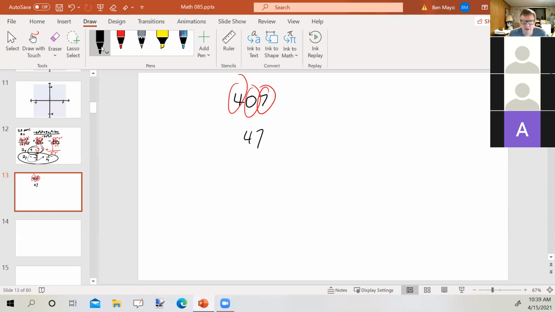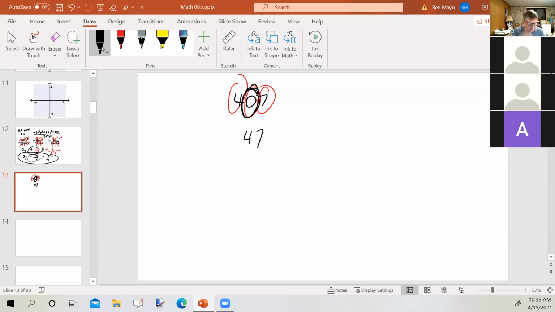It looks like 47, doesn't it? So even though I didn't say we have 4 hundreds, no 10s, and 7 1s, we need that 0 so that we know where each number is, what its placeholder value is, right? So placeholder values, even if they're 0, are important to make things be in their right place, right?